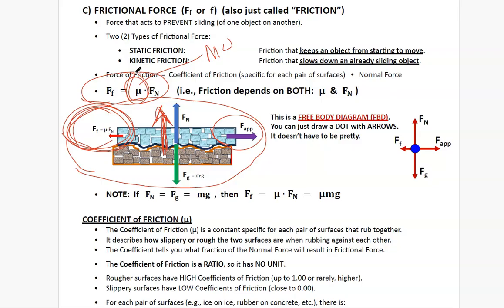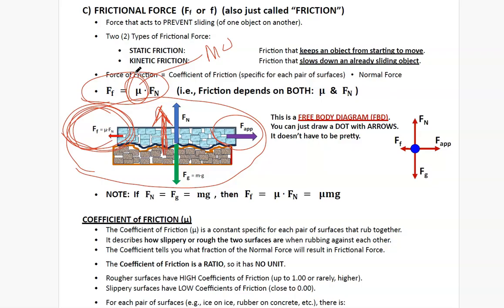And a value of 1 means there's an enormous amount of friction between the two. So ice might have a frictional coefficient of only 0.01, which is like 1%, meaning very little will be turned into friction when it's ice on ice. That's why ice is so slippery. It has very little friction.